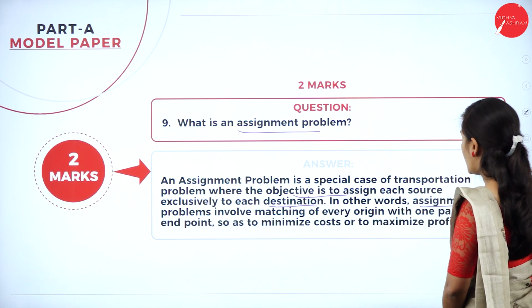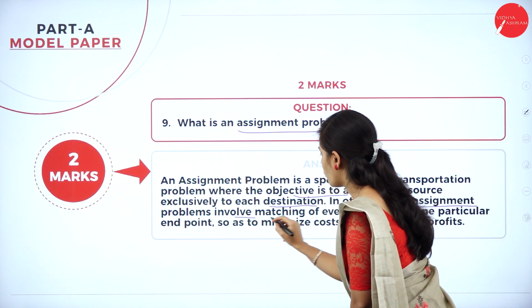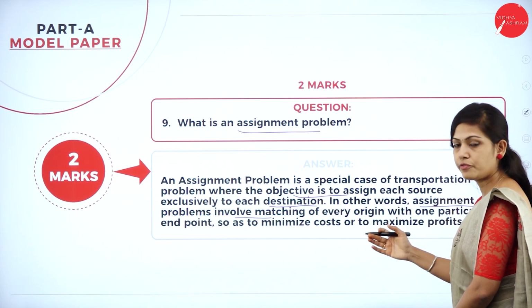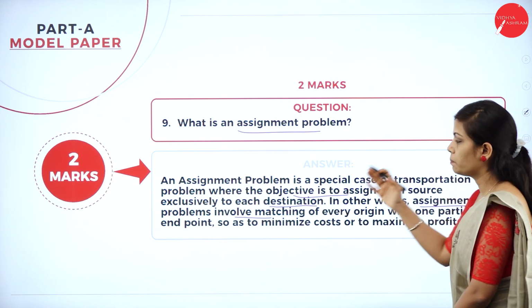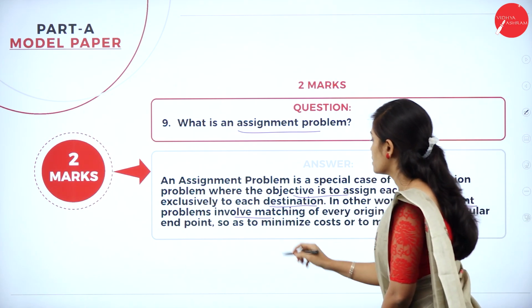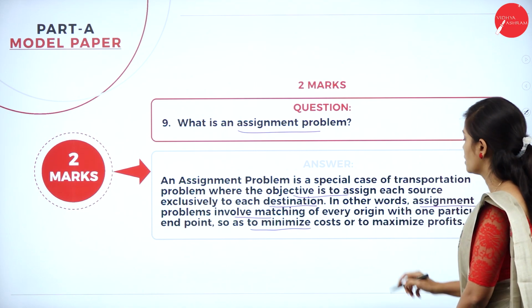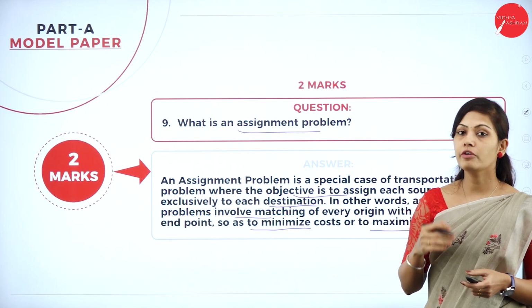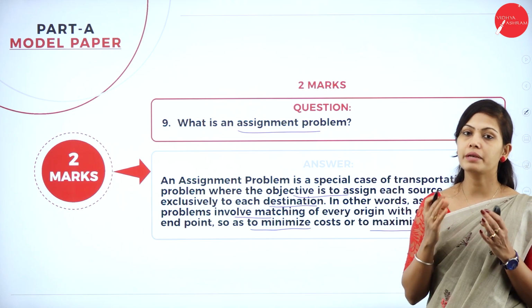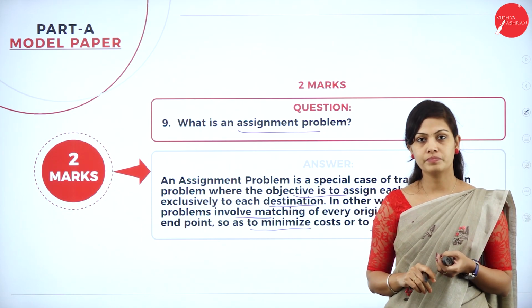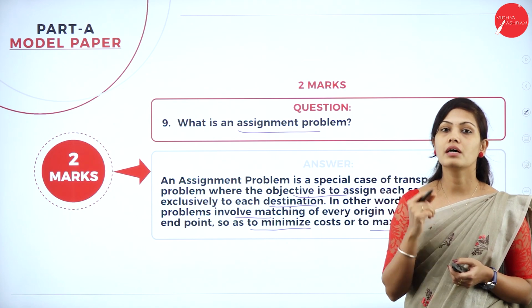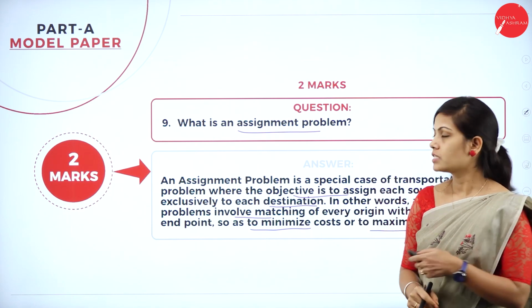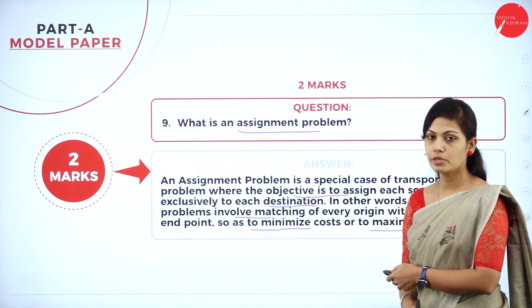In other words, assignment problems involve matching every origin with one particular end point so as to minimize cost or to maximize profits. In an assignment problem, we are maximizing the profits and minimizing the loss. Is it clear? We are assigning the right operator. So this is called an assignment problem.